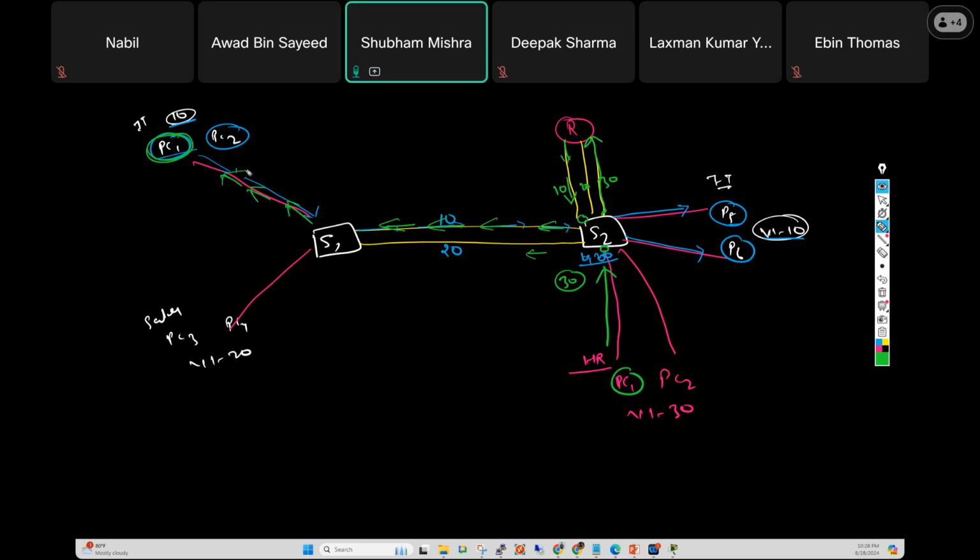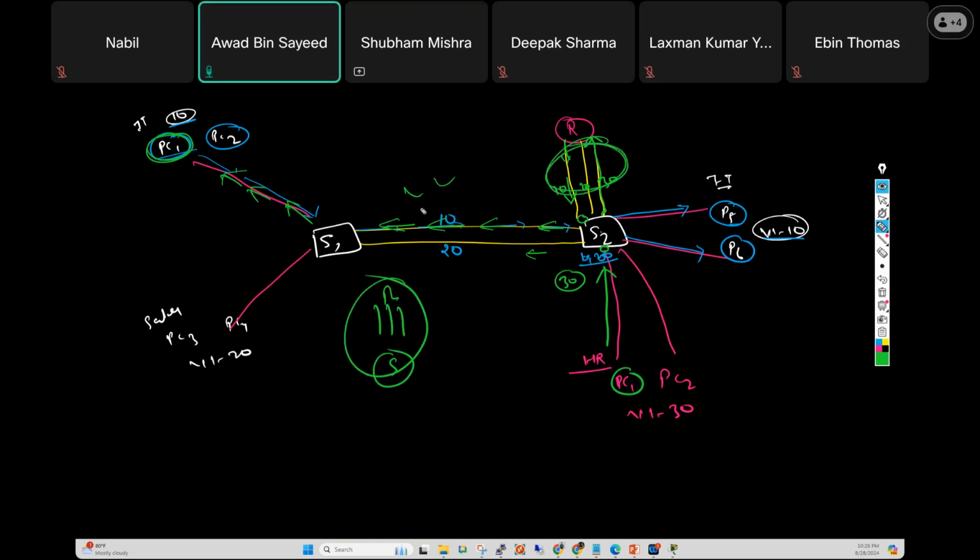Now the thing is, I told you right now 2 topologies. In the first topology, between the switches and the router, how many links are we using? 3 links. Here, in this topology, between the switch and router, how many links are we using? 3 links. Between the switches, how many links are we using? 2 links.